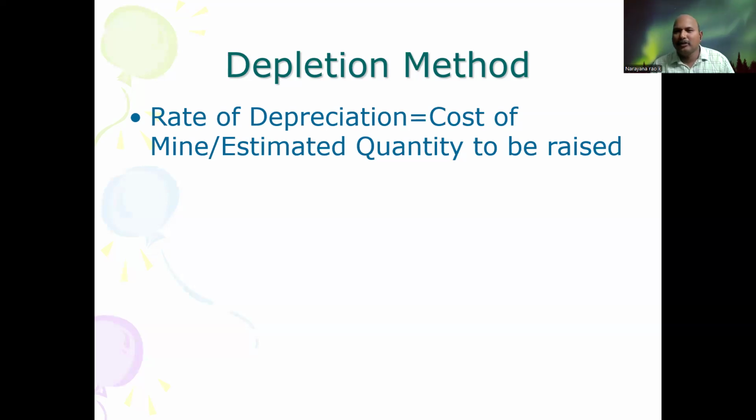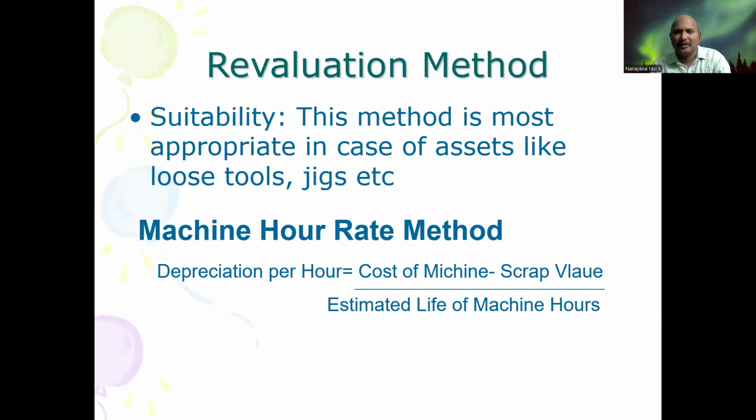For example, we took a mine for 10 years and estimated that in 10 years, 1000 quintals will be produced from the mine. Then cost divided by 1000 quintals gives the depreciation per quintal. Every year, the coal produced from the mine multiplied by that rate is the depreciation. This is used only for mines.